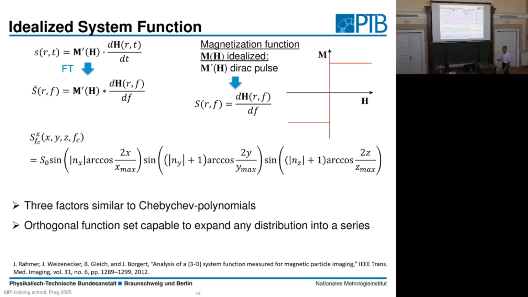Then it's mandatory that you read this paper. Yes, then we have this expression, and these are the so-called Chebyshev polynomials, and yes, they are orthogonal. In principle, they have the same properties as a Fourier system. And due to this fact, we know for an ideal system function, our equation system is also orthogonal, like Fourier.